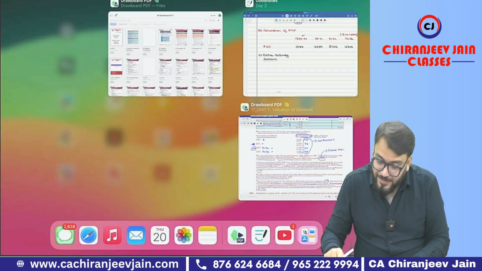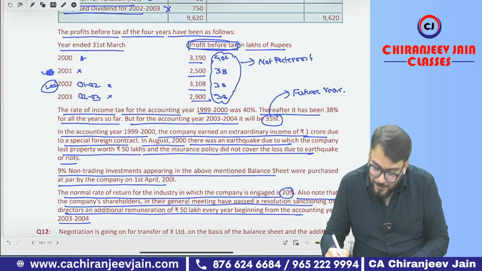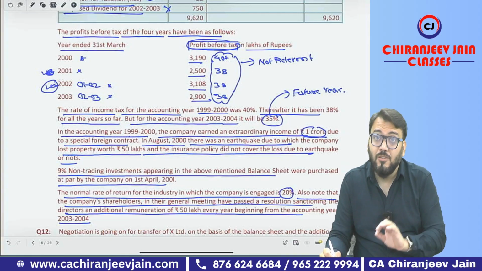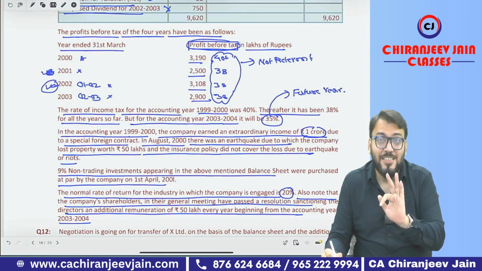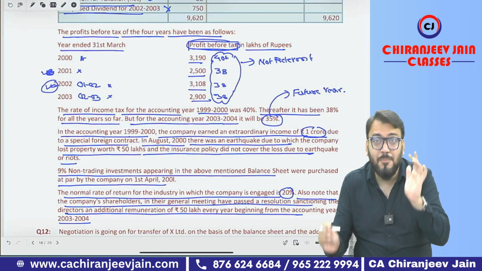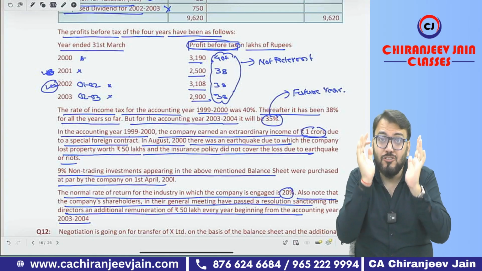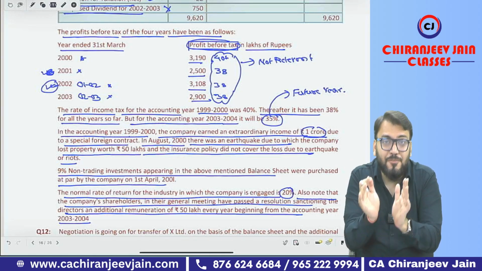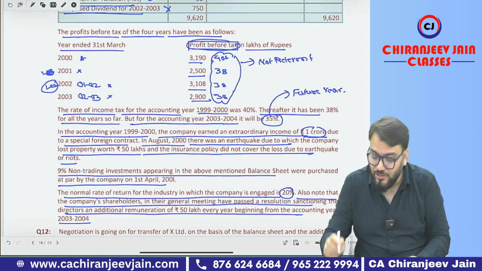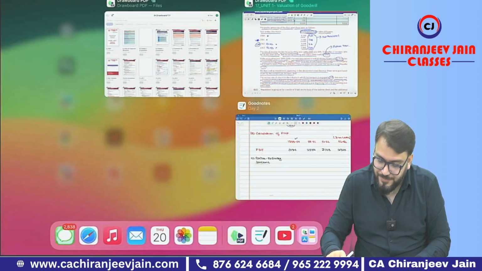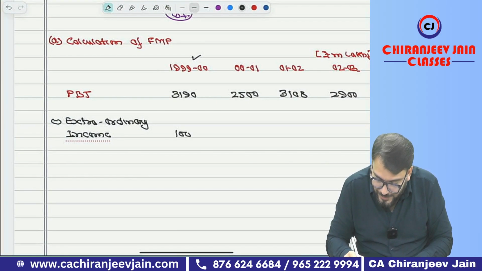All figures are in lakhs and they have given 1 crore, so you need to convert. Normally when you are not reading the question carefully you write minus 1, and you can make that mistake. In the exam it is totally a mind game. Normally the institute will confuse you by giving crore and lakhs like this. So this is 100 lakhs, so minus 100.